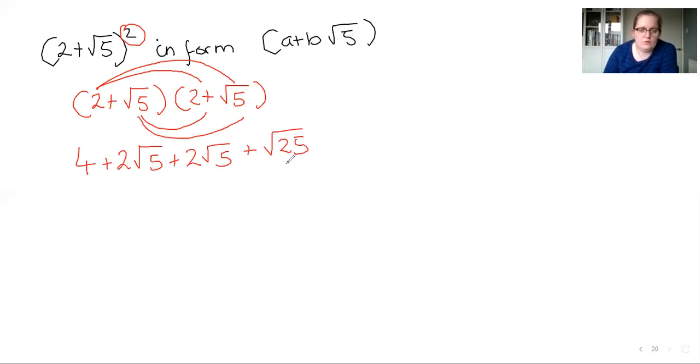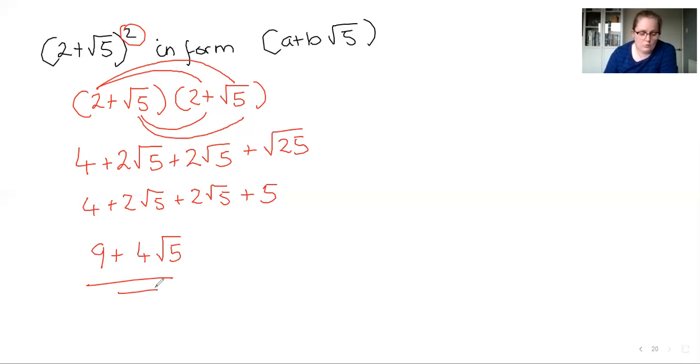The only one we can simplify so far is root 25 at the end, and that can get simplified down into just 5. And look at the equation. Okay, so deal with my integers. 4 plus 5 is 9. Got plus 2 root 5 plus 2 root 5 gives us 4 root 5. So 9 plus 4 root 5 would be our answer for that one. So that's quite a nice one.